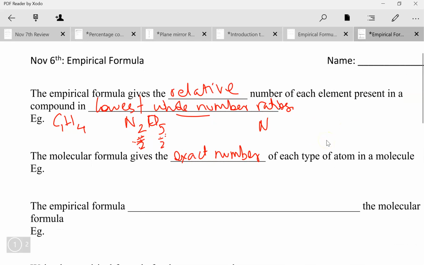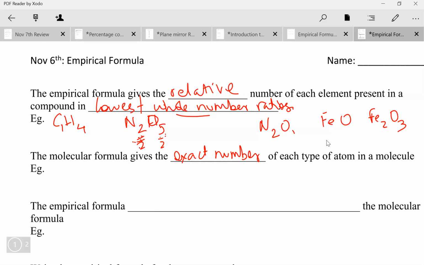Other examples could be N2O, or 2 and 1, or just a 1 and 1, like FeO or Fe2O3. All these are empirical formulas because they have lowest whole number ratios of terms.